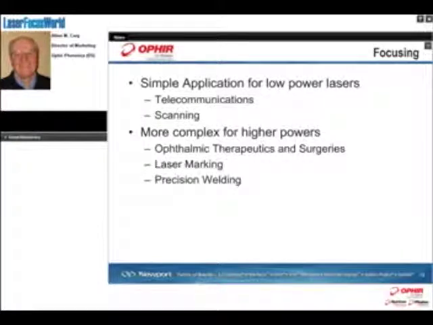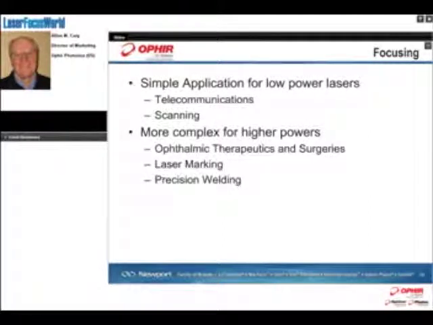It gets a lot more complicated when you get to higher powers, such as ophthalmic surgeries or therapeutics, laser marking systems, precision welding. In those cases, you may have to do some other things in order to find the focus and be able to measure it.